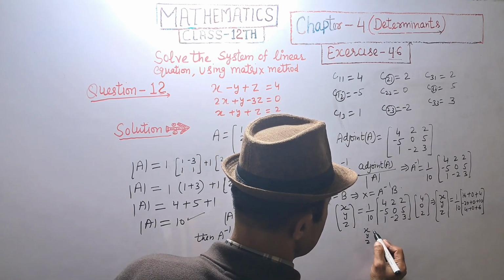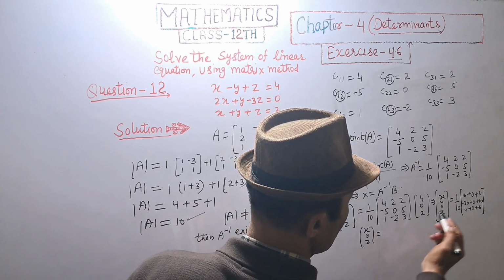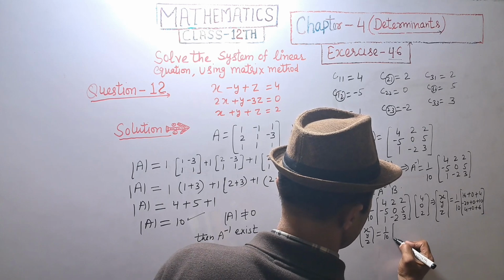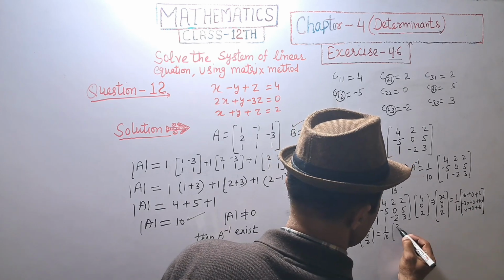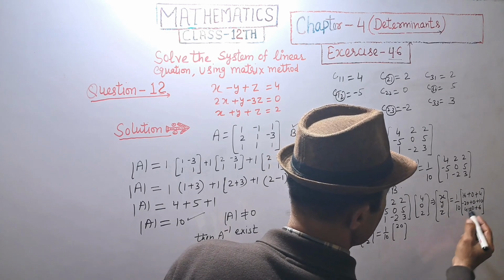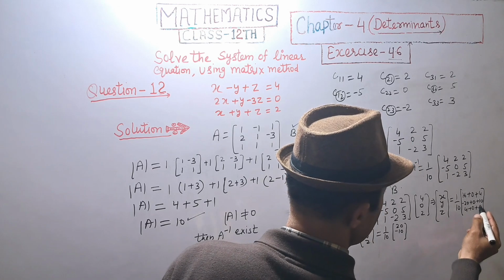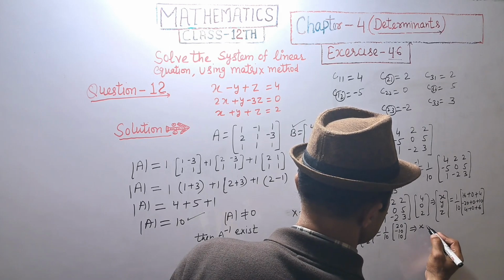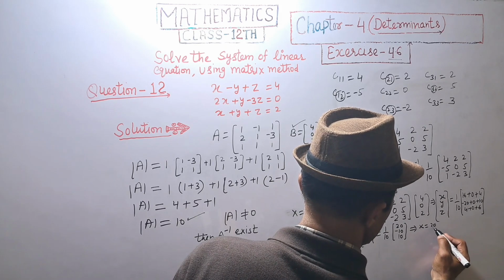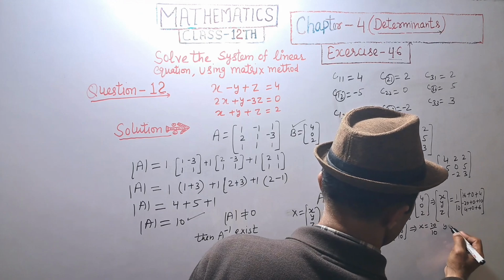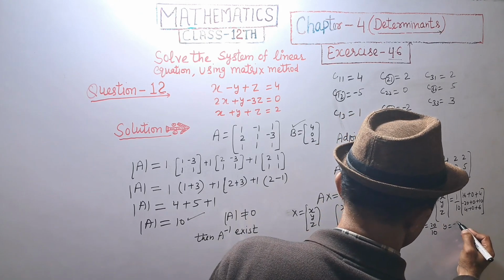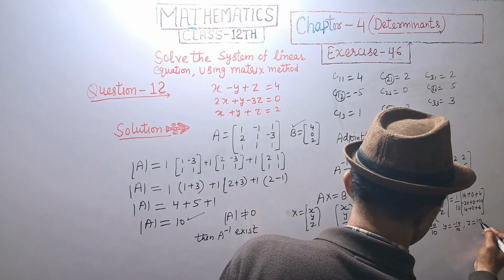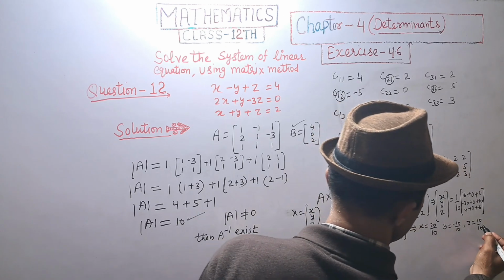X, y, z is equal to 1 upon 10, that is 20, that is minus 10, and that is 10. This implies x is equal to 20 upon 10, y is equal to minus 10 upon 10, and z is equal to 10 upon 10.